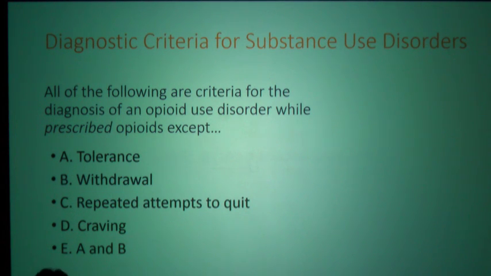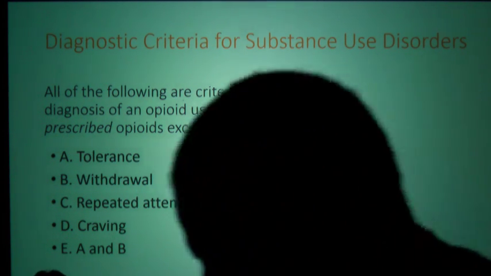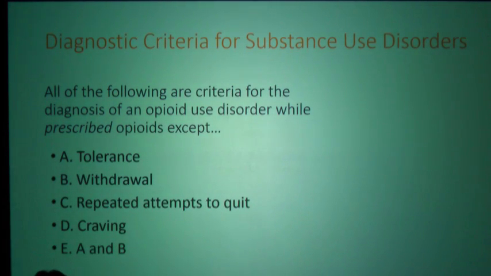So for the diagnostic criteria of substance use disorders, the first question is: all of the following are criteria for the diagnosis of an opioid use disorder in someone while being prescribed opioids, except A, tolerance, B, withdrawal, C, repeated attempts to quit, D, craving, or E, A and B. Any thoughts? Hang on. So the answer is A and B.